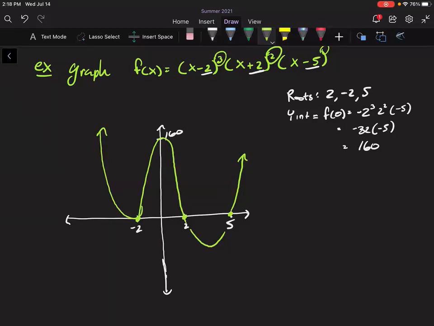And this kind of makes sense because our degree is 6. So we know that end behavior has to look something like this, where it goes up on both sides. This also is because the leading coefficient is 1. So our end behavior looks like 1 times x to the 6th.